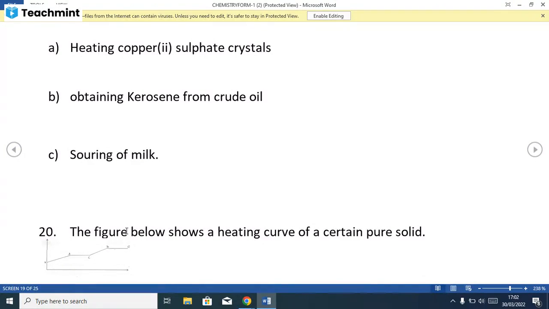The heat absorbed is used to weaken the forces of attraction holding the solid particles together.